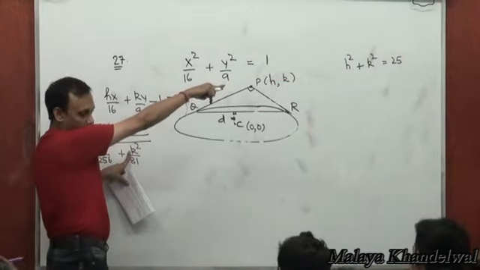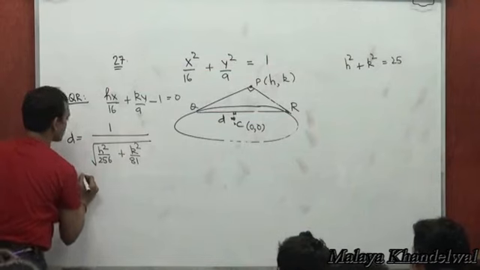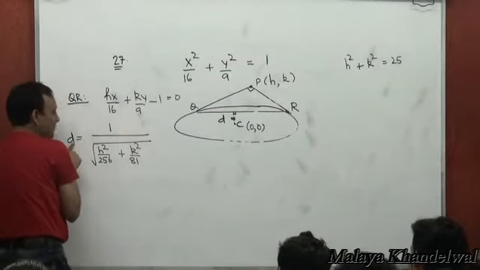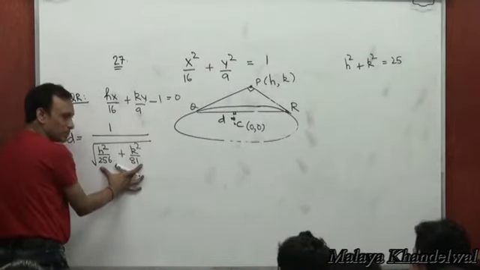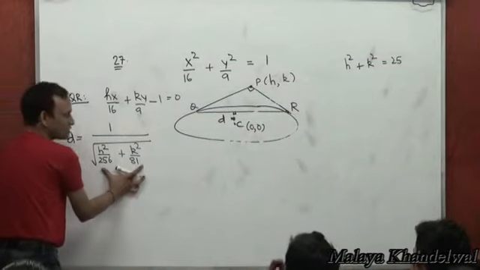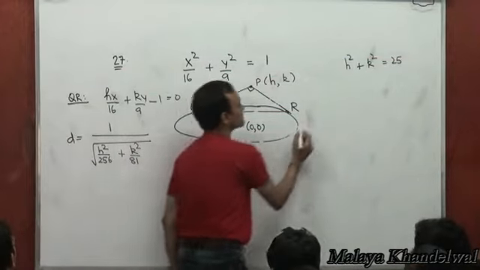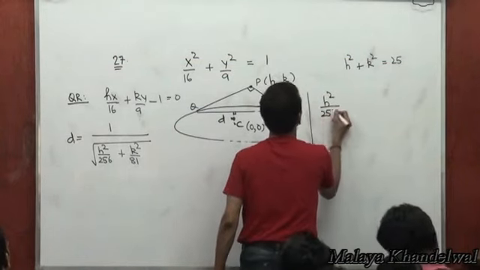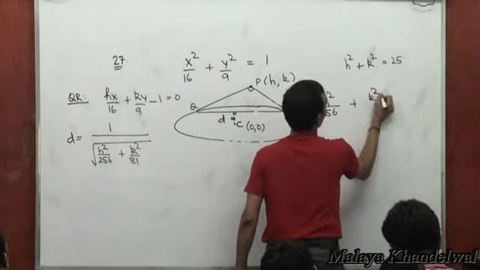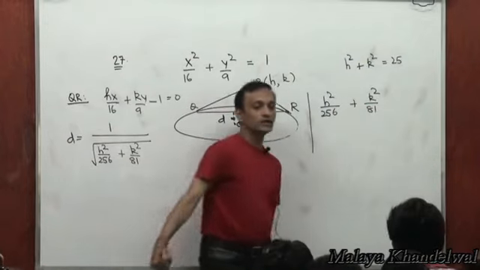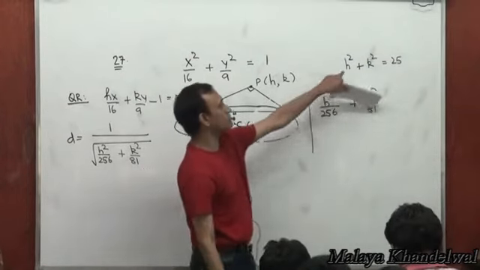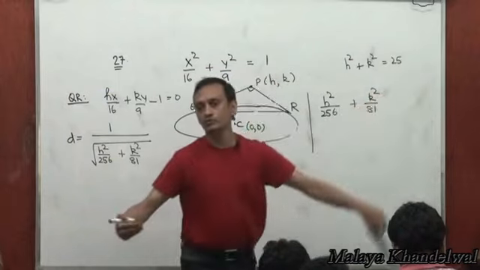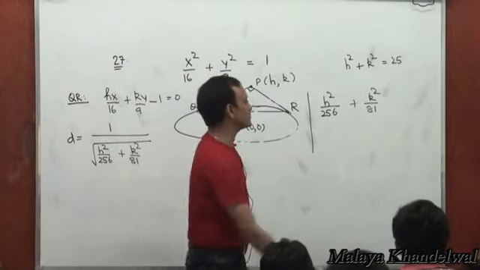So to get d max, this should be a minimum, yes or no? So what we are seeking is the least value of h squared by 256 plus k squared by 81, subject to the condition that h squared plus k squared is 25, right?